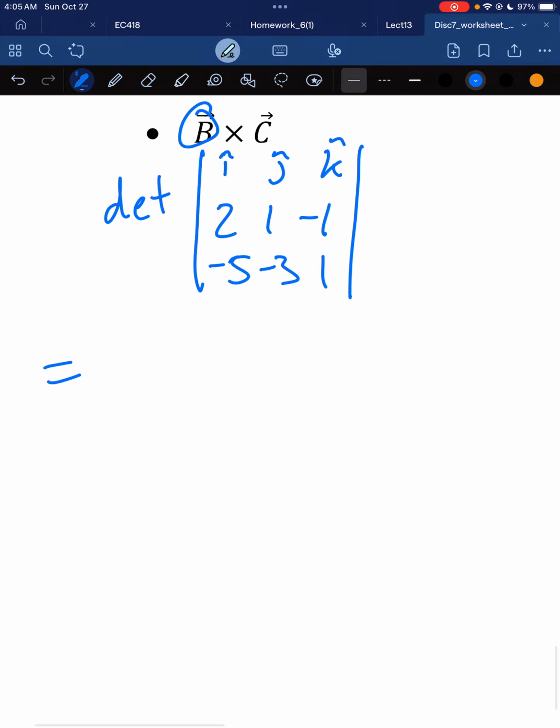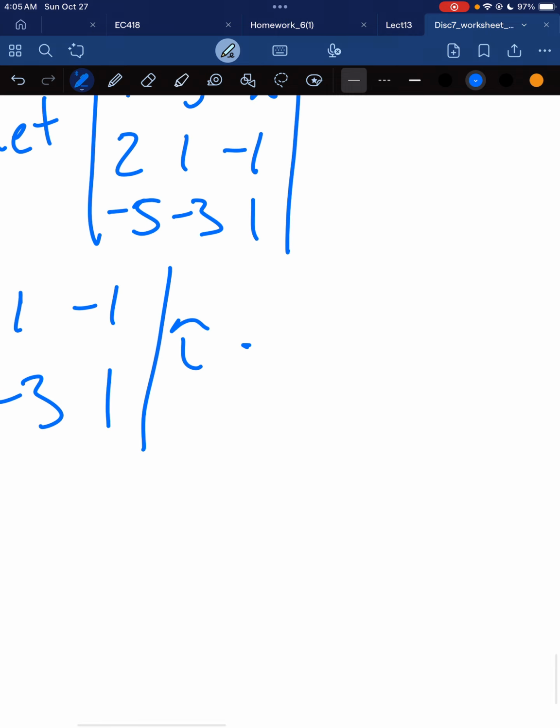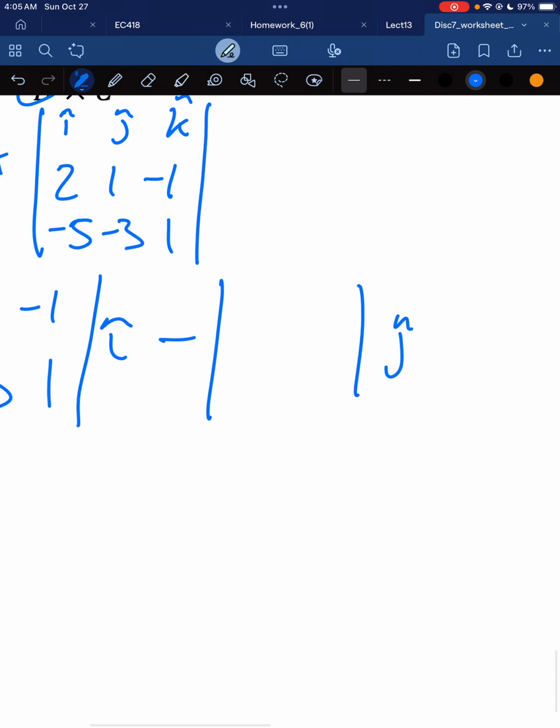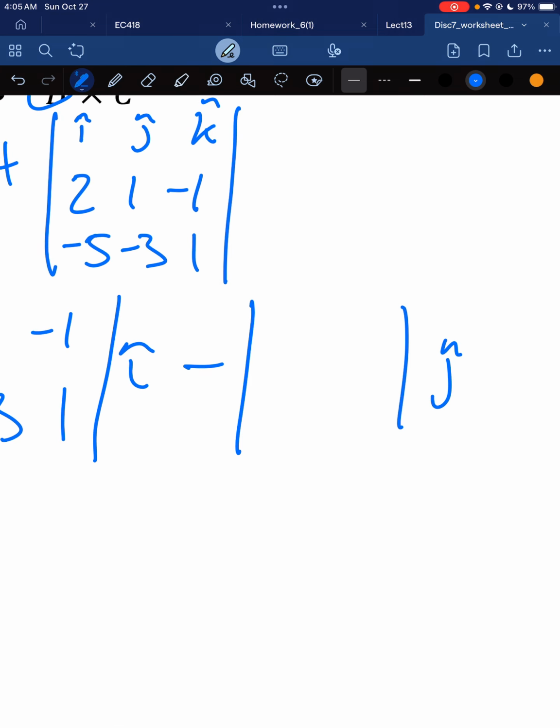So again, I'm going to have my 2x2 matrix for my i hat component. So I am ignoring the row and the column that i is in. So I ignore the first column and the top row, and I'm left with 1, -1, -3, and 1. And it's minus j hat component, and I'm going to ignore the top row and the middle column, and I'm going to be left with 2, -1, -5, and 1.